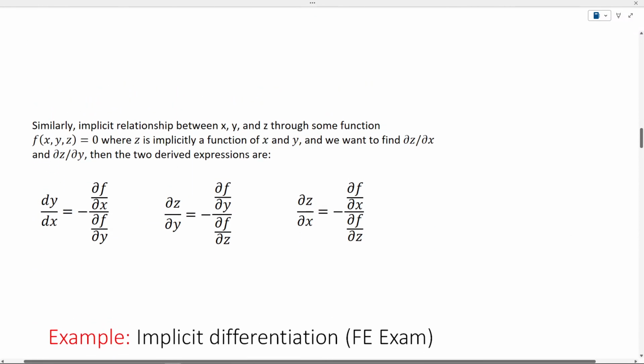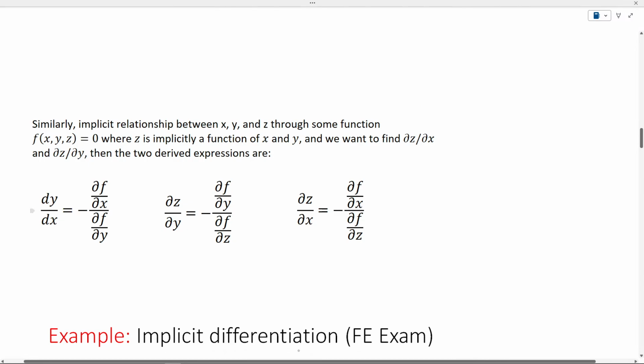Similarly, I can do the same for the other variables. Partial z with respect to partial y would be partial of my function with respect to y and my function with respect to z. And partial z with respect to x would be partial x with respect to z.